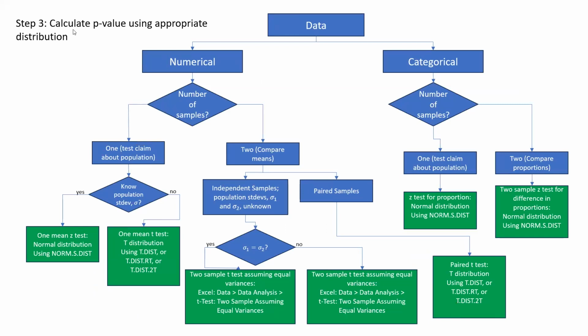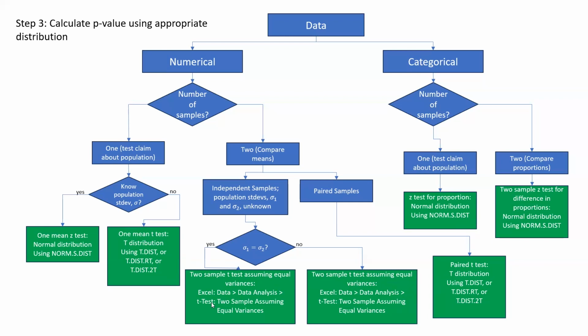All right. So this one is calculate the p-value using the appropriate distribution. Once again, you can go through this and determine which is the appropriate distribution. The only two we're dealing with are normal, which we're using for the categorical proportions, or the t distribution, which is what we end up using for 1, 2, 3, 4 possibilities, all t distributions.